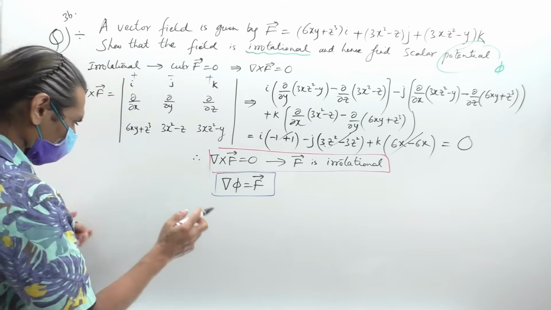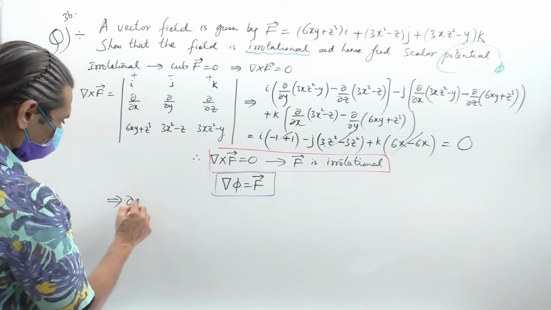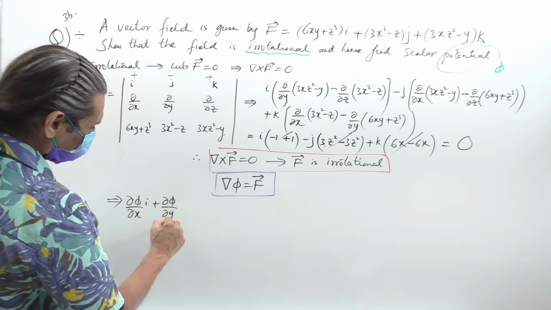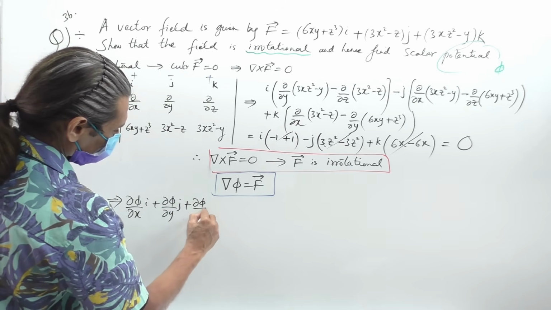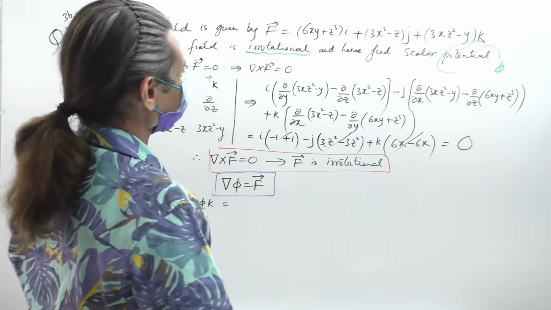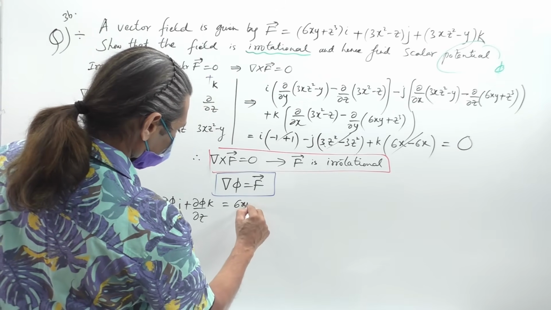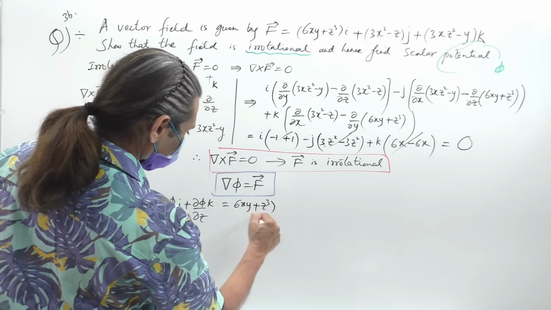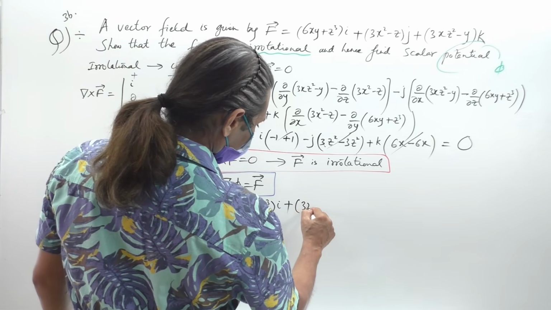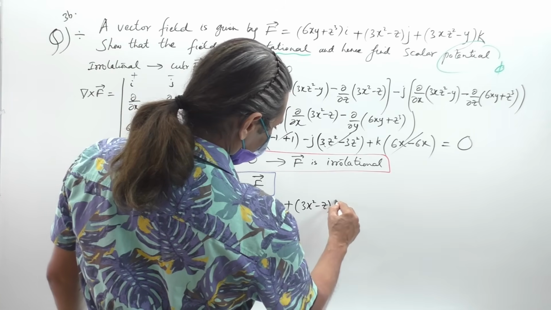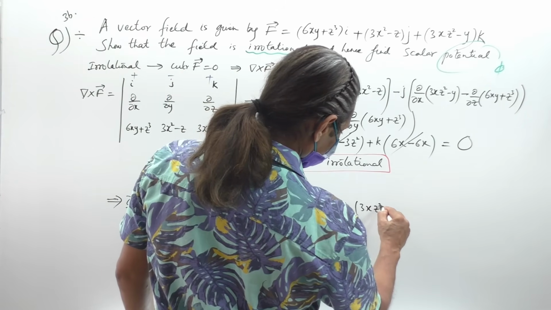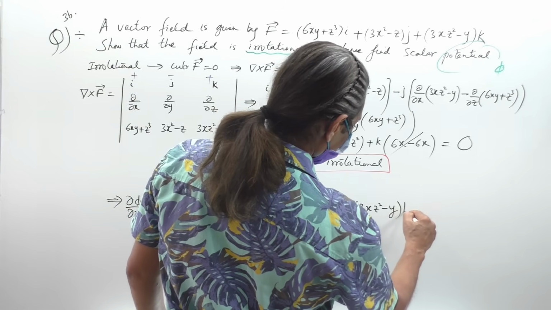So del phi means ∂phi/∂x of i plus ∂phi/∂y of j plus ∂phi/∂z of k equals, what is F? They give in the question (6xy plus z³) into i, plus 3x² minus j plus (3xz² minus y) into k.